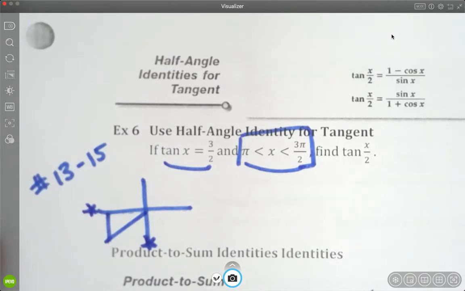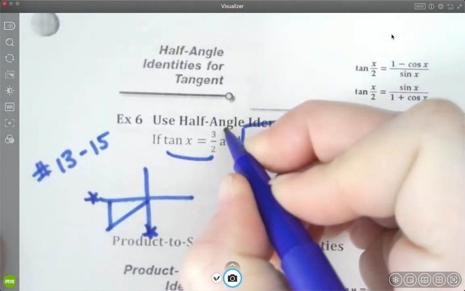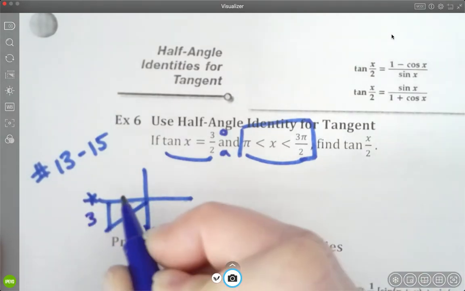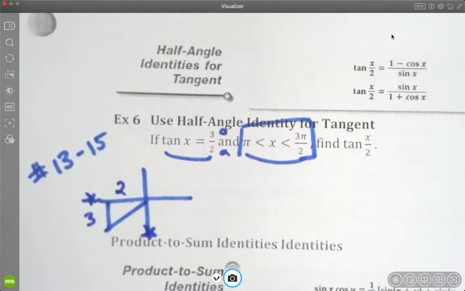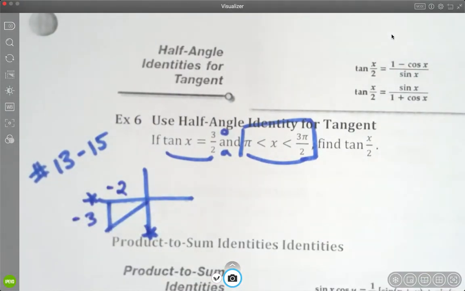We know that tangent is 3 over 2, and tangent is opposite over adjacent. So the opposite side is 3, the adjacent side is 2. They are both negative, right? That's why the ratio is positive, 3 over 2. But we need to insert the negative, so both are negative, 3 and 2.